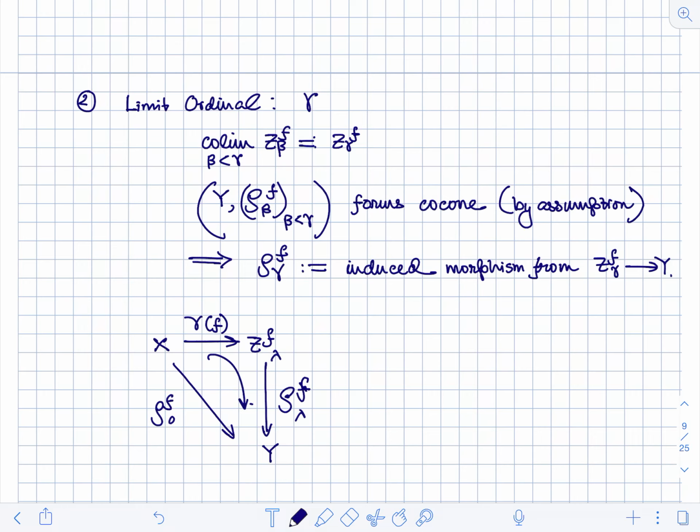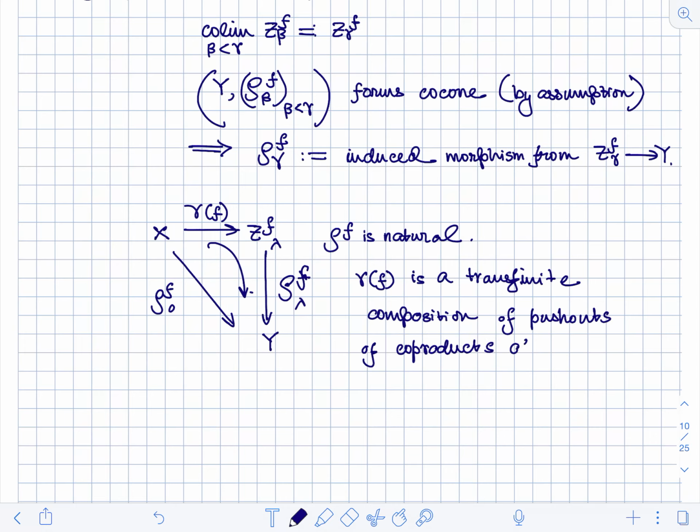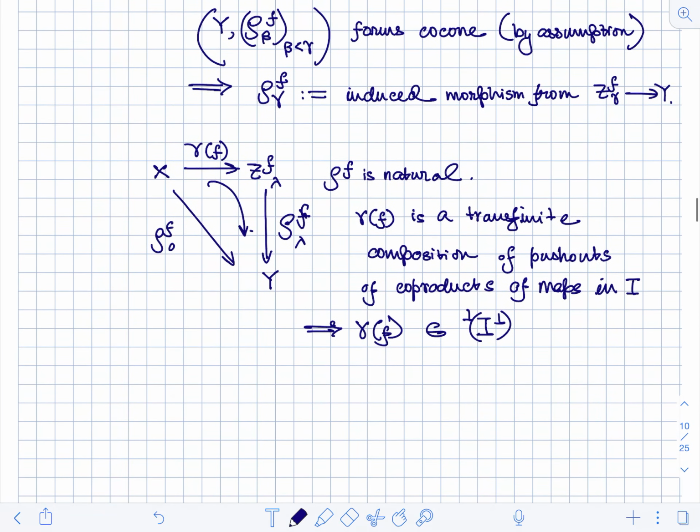This triangle commutes because rho f is natural, and gamma f is a transfinite composition of pushouts of coproducts of maps in I, which implies gamma f preserves I's left lifting property. So you have this.